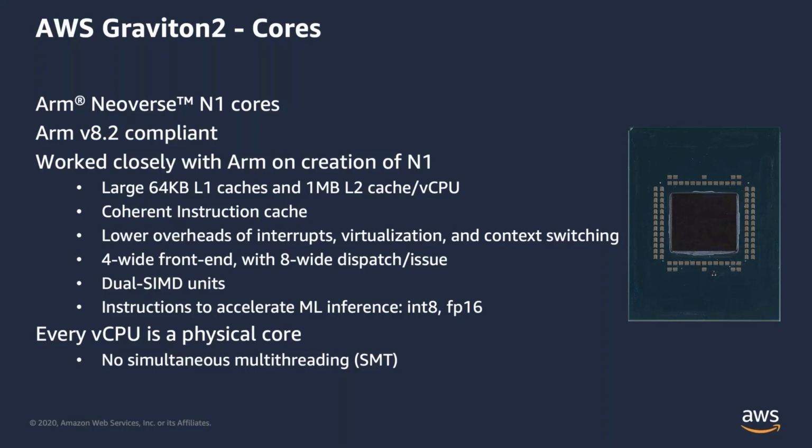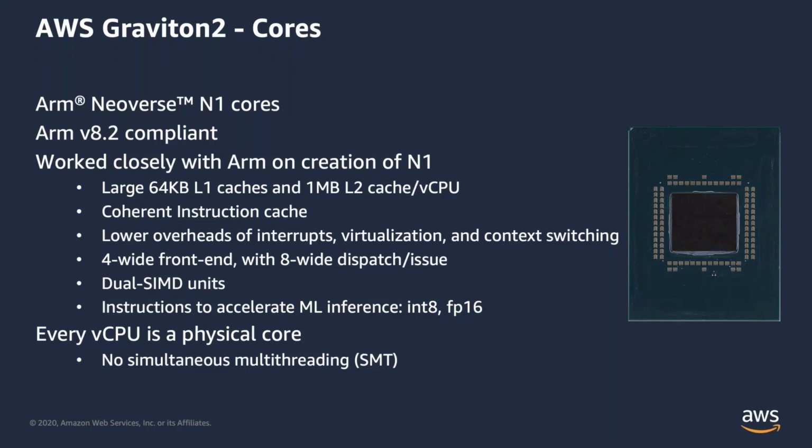ARM is well known for its mobile processors, and creating a processor for a server workload needs a different design as far as handling interrupts is concerned, as far as size of the caches is concerned.